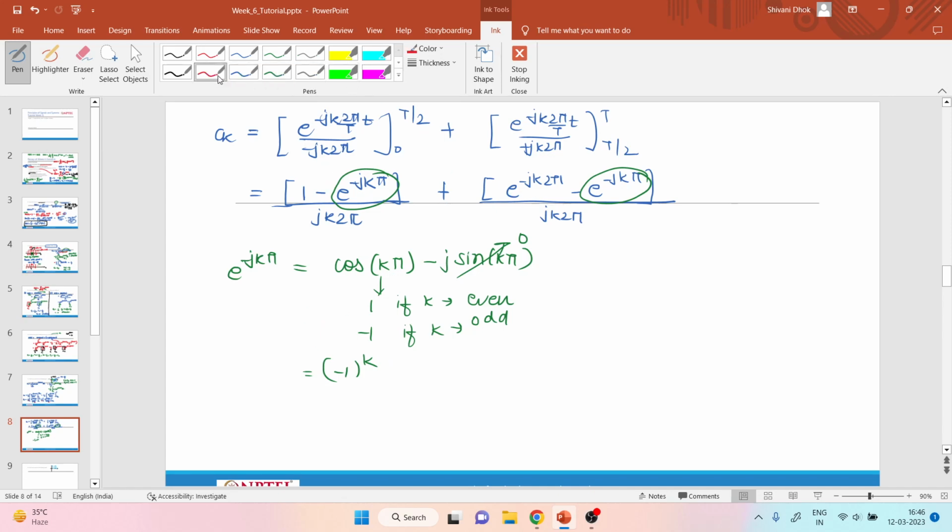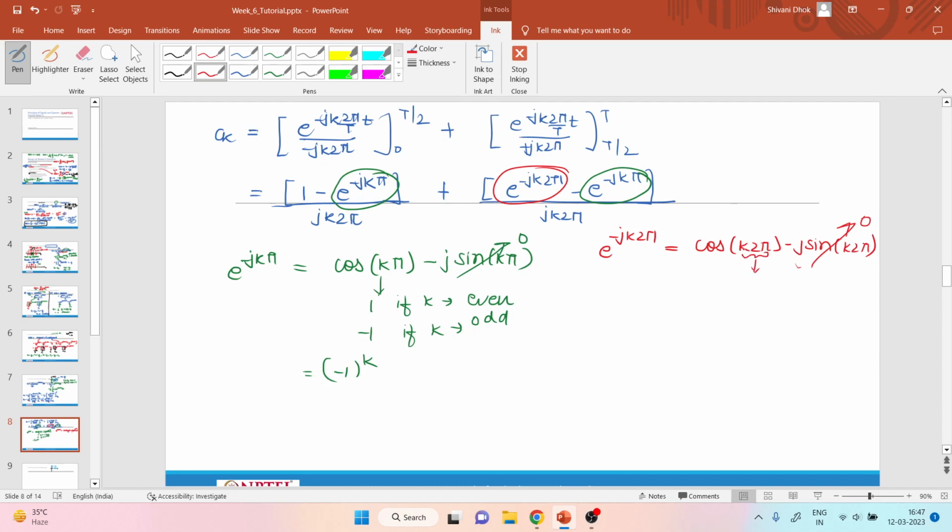Now let us look at this factor here, that is e power minus j k 2 pi. So this I can write as cos of k 2 pi minus j times sine of k 2 pi. Again, this is an integer multiple of pi, so the sine goes to 0, and this factor is an even integer multiple of pi.